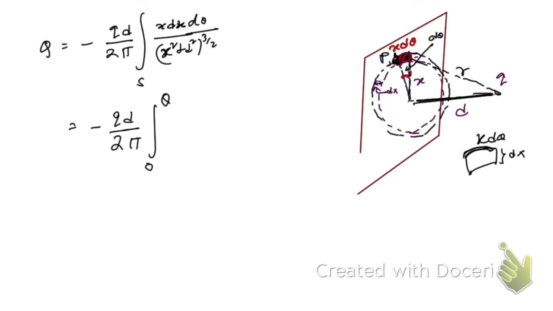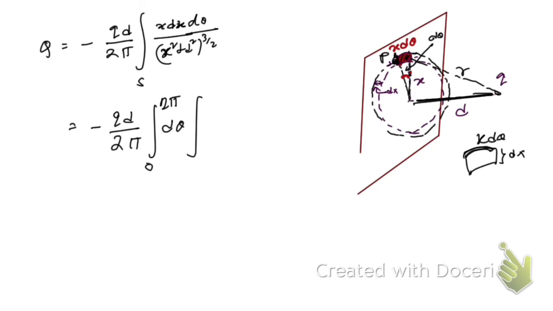Here we integrate the d theta part, and you have to integrate through the angle from 0 to 2 pi, to complete the circle.